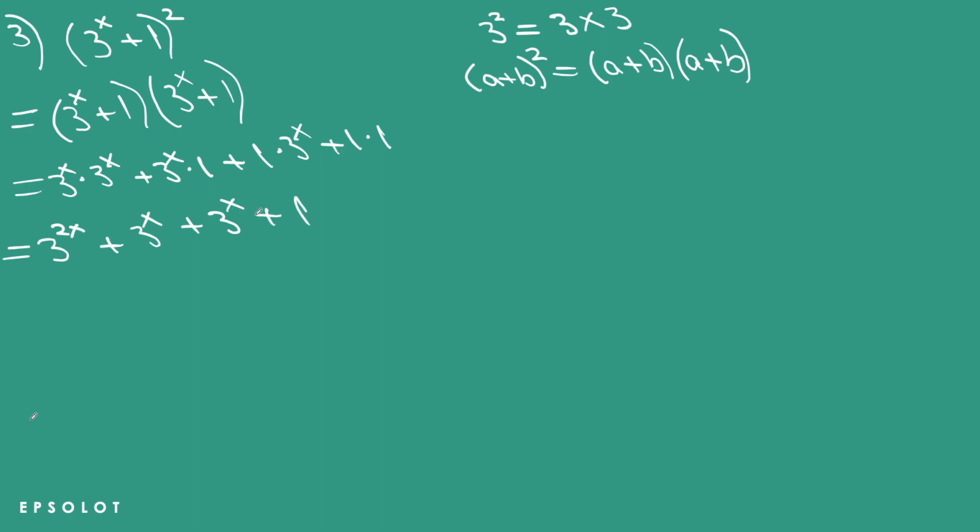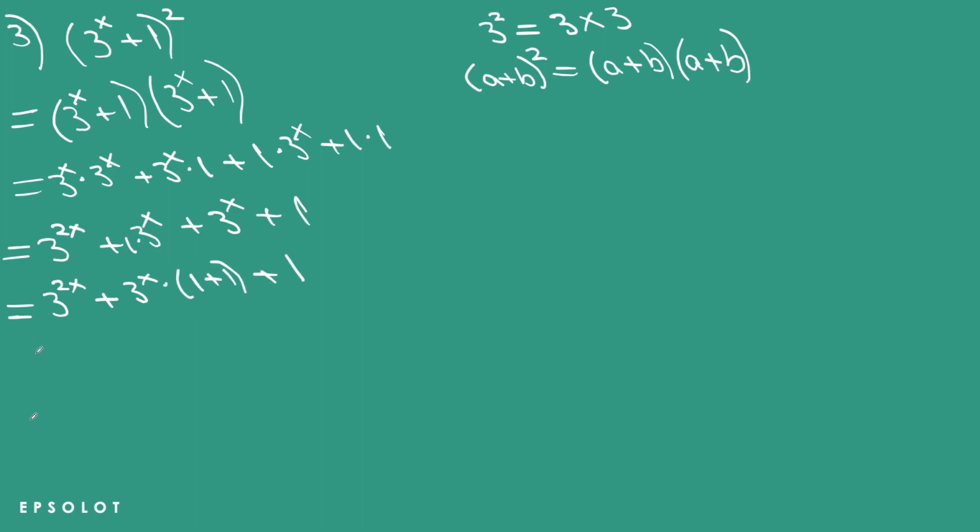And that's it. And then what you can do is, because you know that there is a 1 being multiplied with both of them, we can factor out the 3^x with a bracket of 1 plus 1.